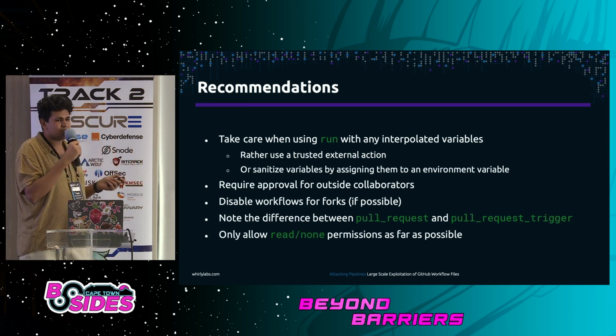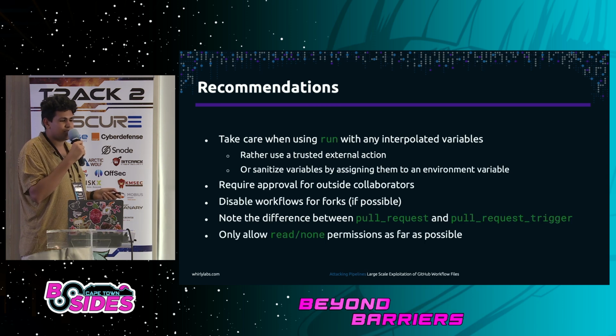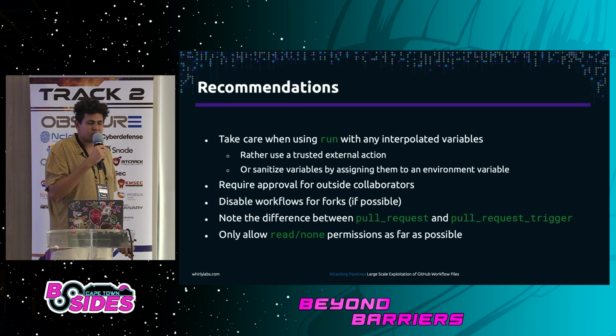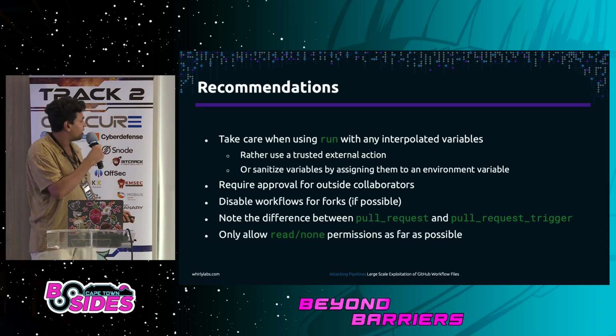Use environment variables for user-controlled strings. If you're going to interpolate the name of a pull request or an issue or anything that a user can control, put it into an environment variable. What this does is it stops GitHub from treating that as a command, and it just treats that value as a string.